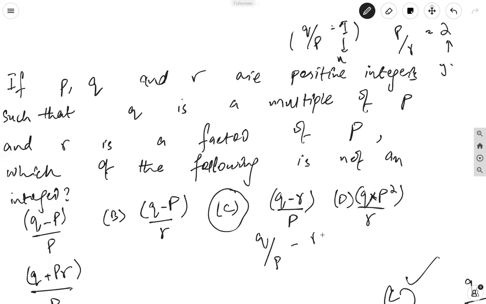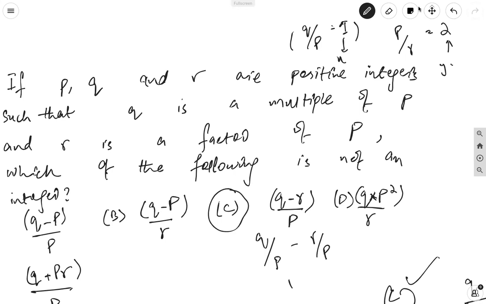If you multiply I1 into I2, you will get Q by R. I have calculated the value of Q by R over here. Yeah, I have done it by this method.